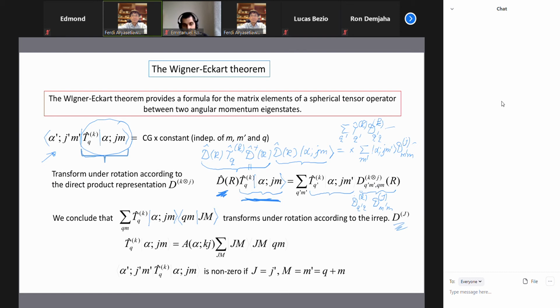So this implies that this state must be possible to write as something proportional to this expression here.